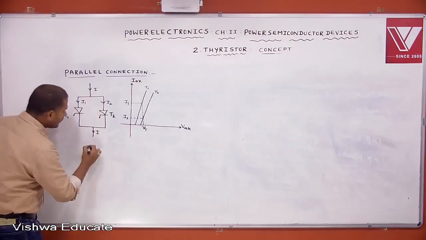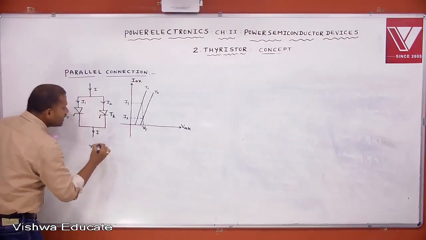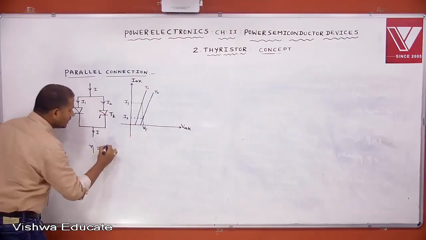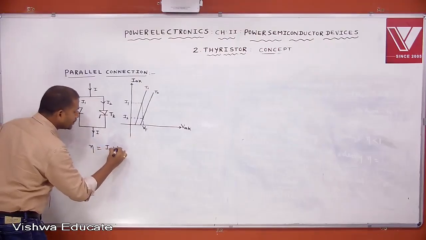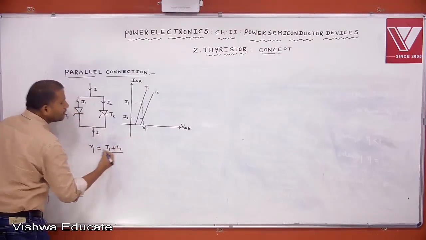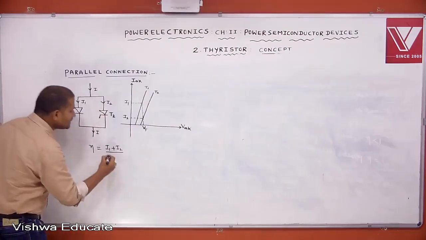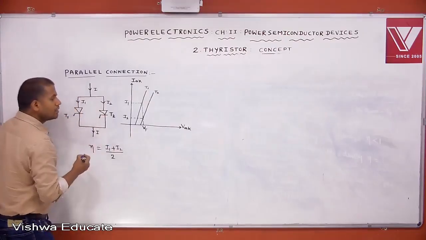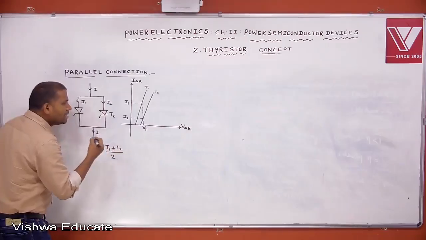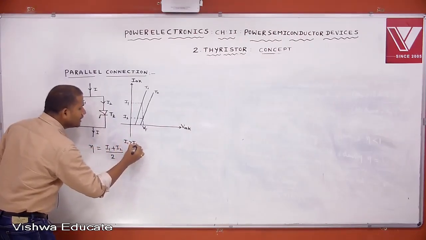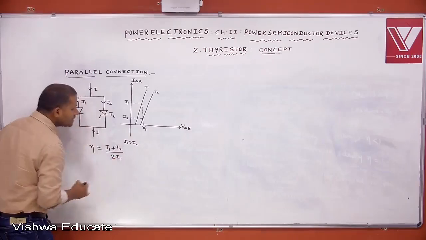Then you can define what is string efficiency. The string efficiency is equal to the current through the whole string, that is I1 plus I2, divided by the number of parallel connected SCRs times the individual current rating of each SCR. How many SCRs did we connect? 2. But here I1 is greater than I2, so you take the higher value, 2I1.